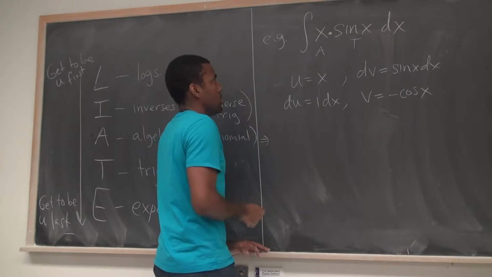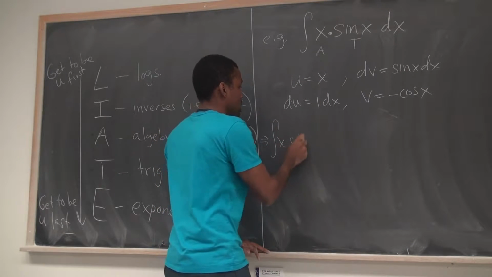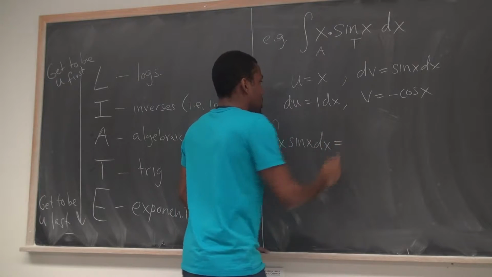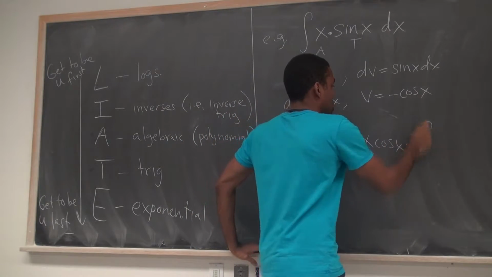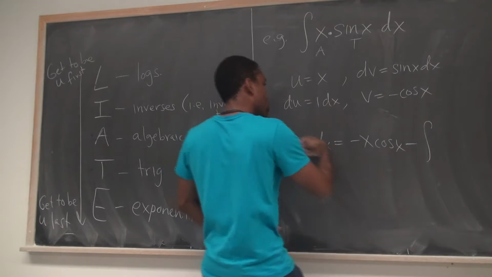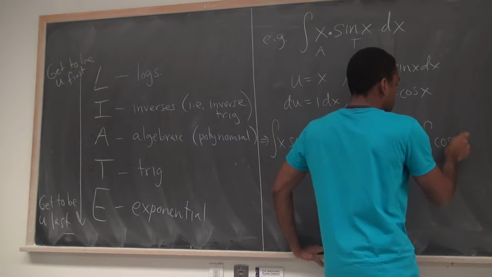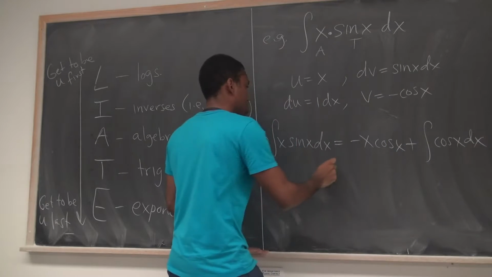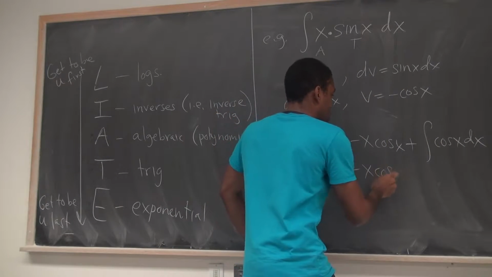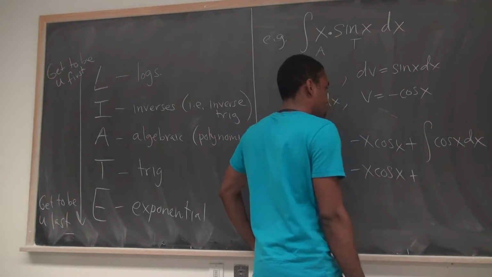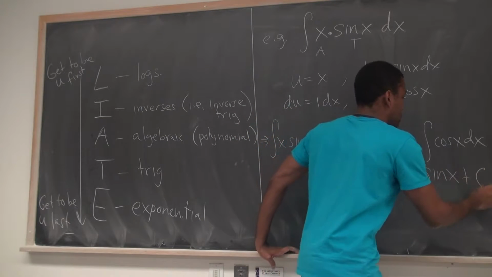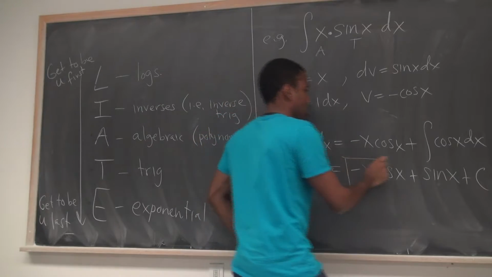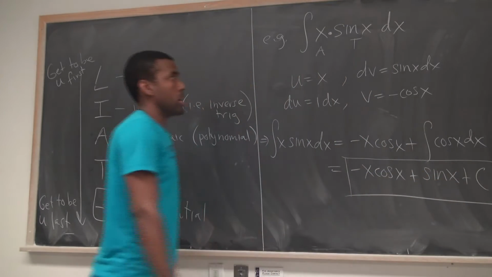And then the integral of x sine x is u times v minus the integral of v du. It becomes a plus cosine x dx. So this becomes minus x cosine x plus the integral of cosine, positive sine x. So that would be your answer.